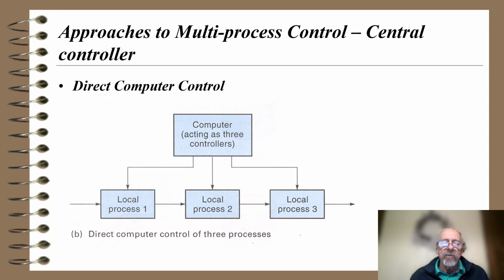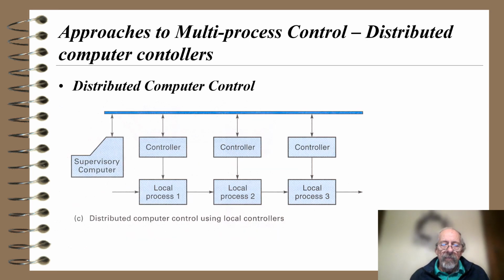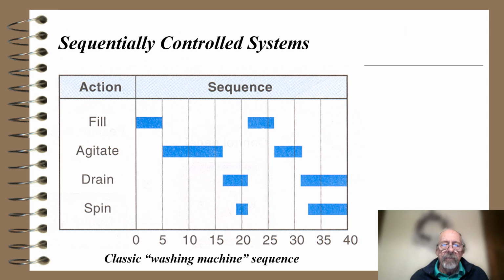We had those 3 local processes before, but now we have one main central computer that controls everything. And then we have distributed computer control, where we have a supervisory computer and 3 different controllers, and again 3 different local processes. This is somewhat similar to how building automation occurs, but we'll talk about that later.